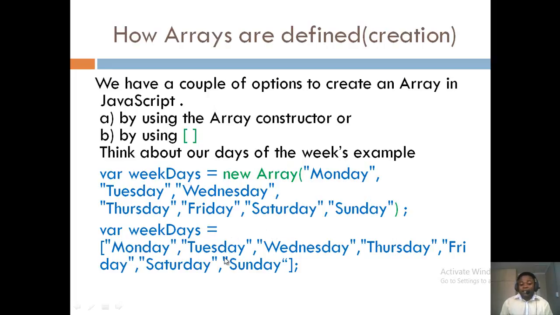This time, instead of using the constructor new Array, we are simply opening the square bracket and closing it right here, and inside this bracket we are again enumerating the values. So you have Monday here, comma, Tuesday, Wednesday, Thursday, Friday, Saturday, and Sunday. That is basically how it is done in the second method, if you like.